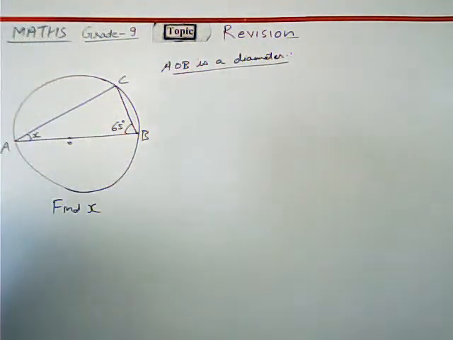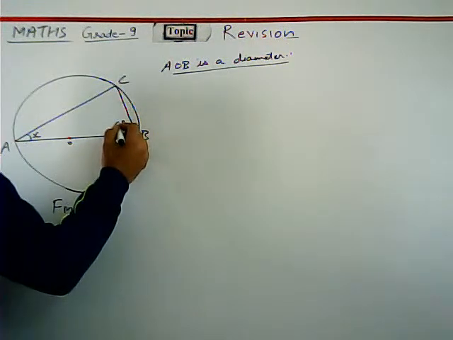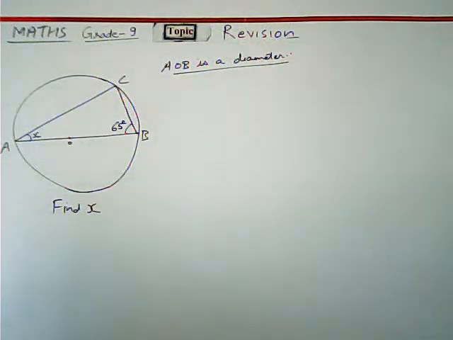So find the value of x if angle ABC is 65 degrees.